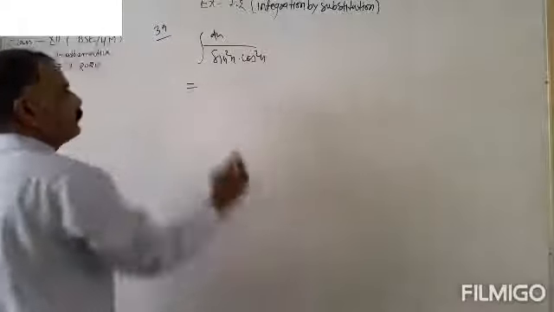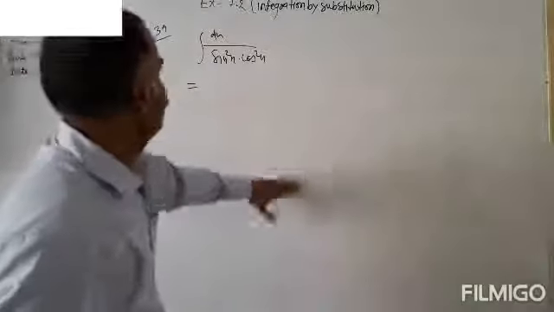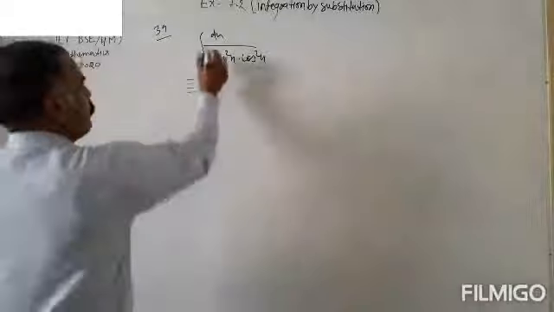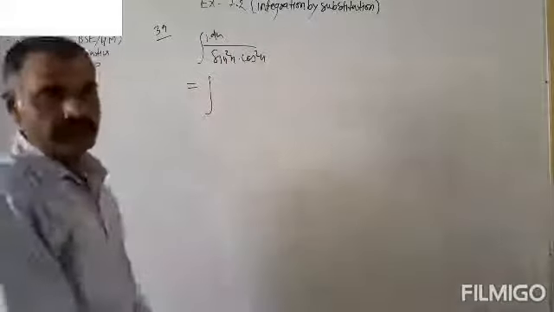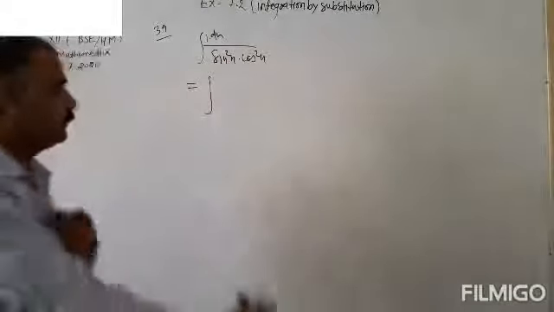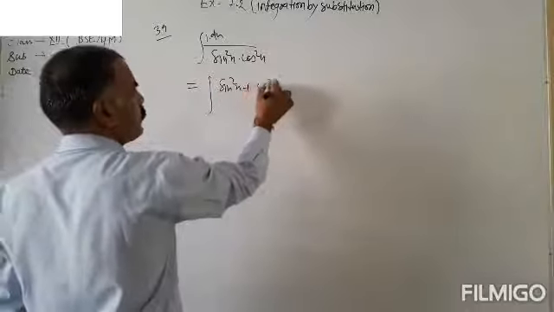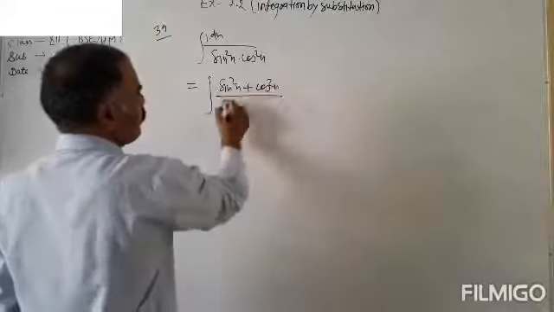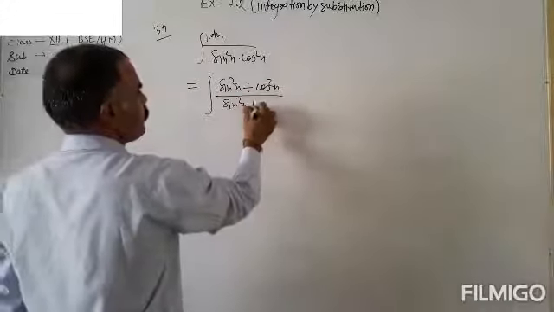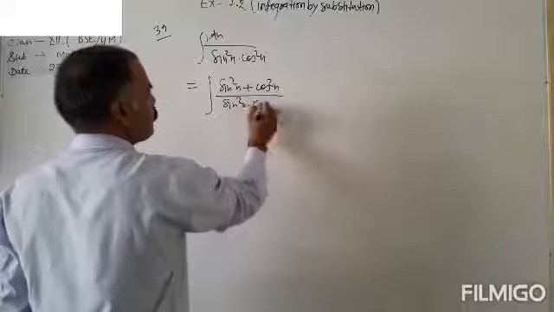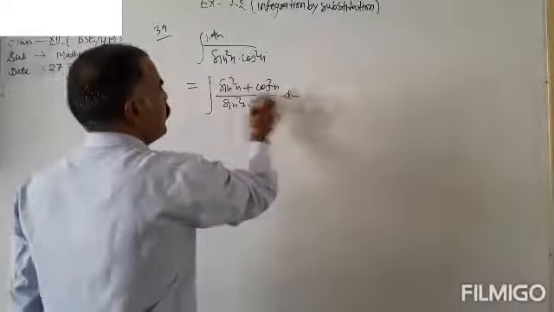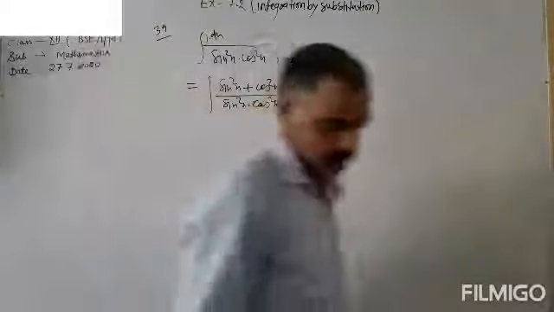So this equals, in place of 1 we can take sin square x plus cos square x, divided by sin square x multiplied by cos square x. Now the integration will become very easy.